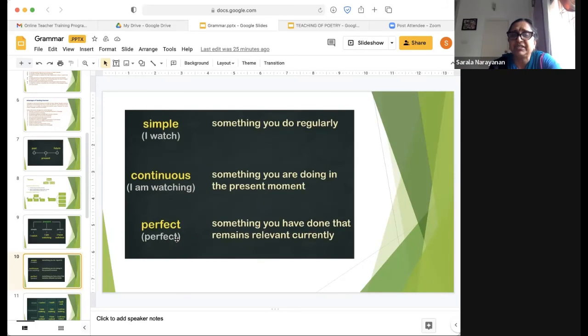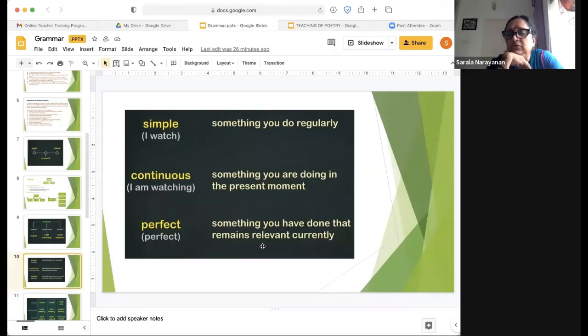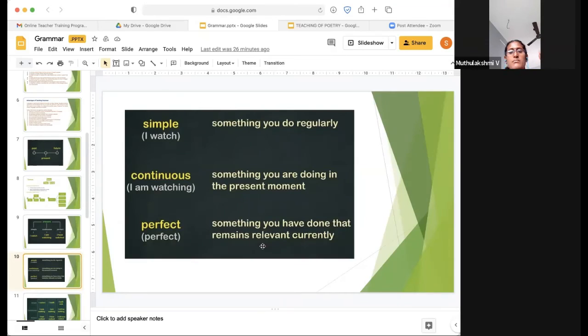Then present perfect is something you have done that remains relevant currently. The influence is going on at present. It is a completed action, but the influence of that action is continuing.